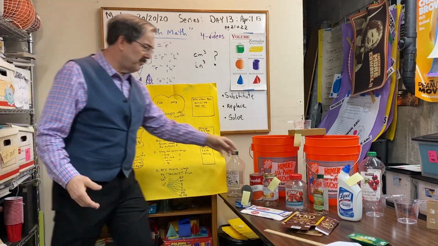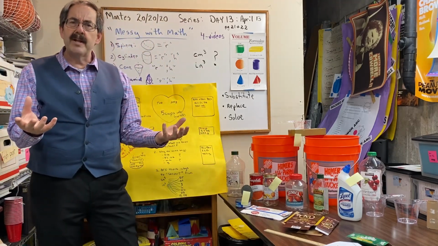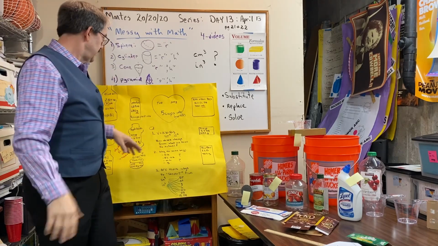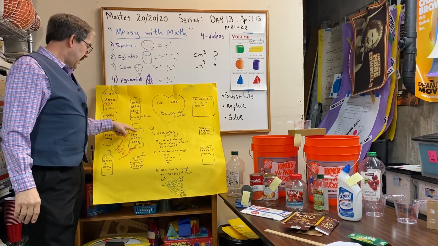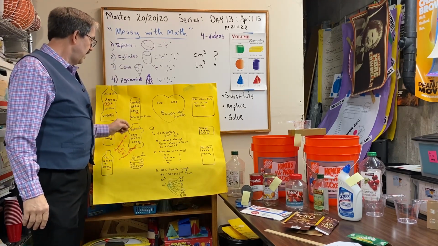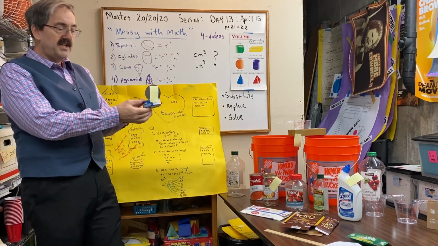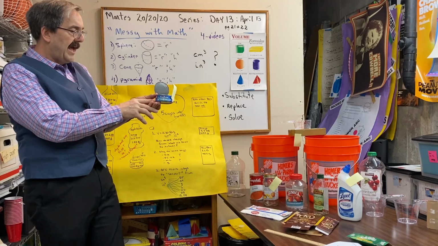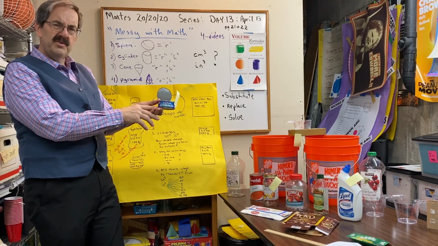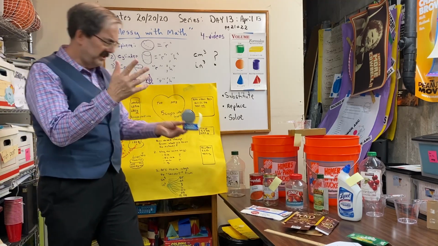Peaches. Peaches was the one that stood out to me because they measured it in grams. Applesauce, ounces, kilograms. Tuna fish. Tuna fish was the one that just boggled my mind because it's the only one that said ounces, drained ounces.